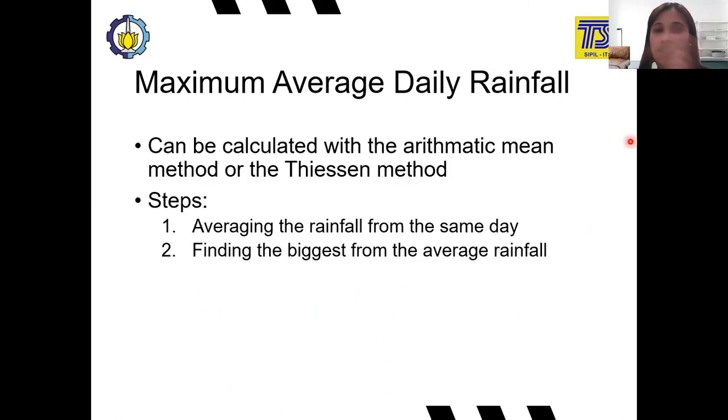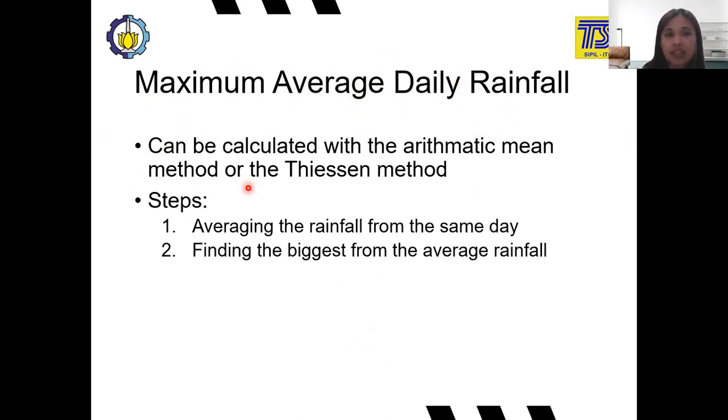And besides the average rainfall, we can also calculate the maximum average daily rainfall. It has to be understood correctly, because of its complicated name, people sometimes mistake this for the maximum of the daily rainfall, and then averaging the maximum of each day.